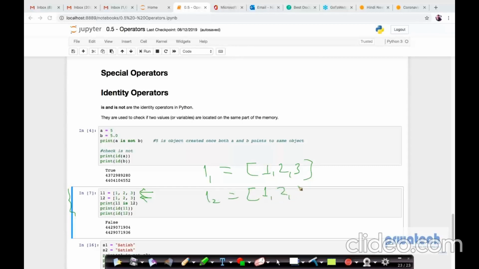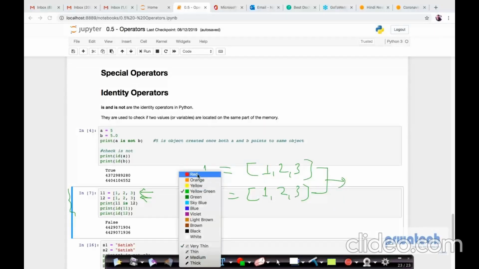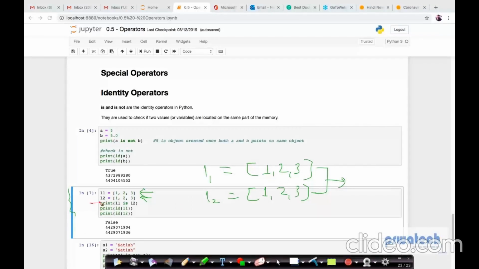The numbers look the same, the syntax is the same, just the variable is different, and the variable is not doing anything. L1 has the same thing, L2 also has the same thing. So why is the answer of this line false? Anyone?